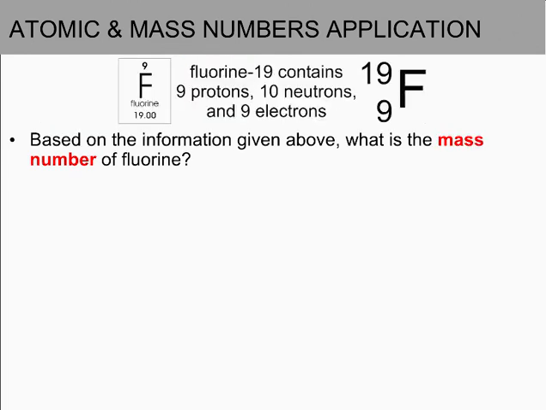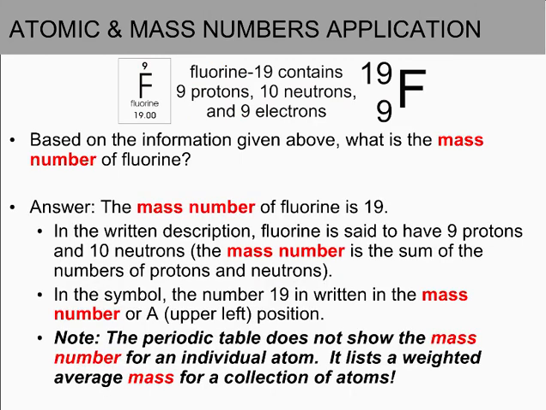Now, using the same information, what is the mass number of fluorine? So you should have said 19. So 19 is the mass number, and that is also the number of protons and neutrons. So remember that the mass number is equal to protons plus neutrons.